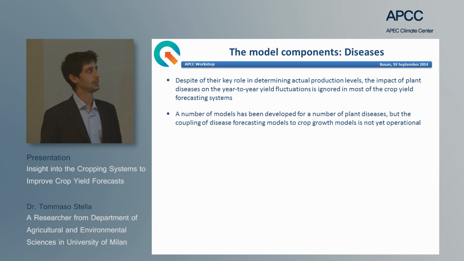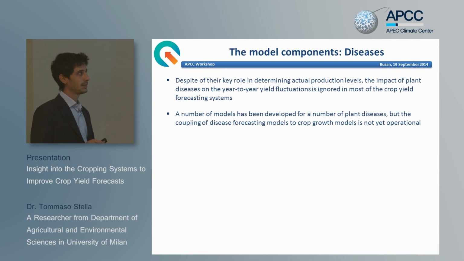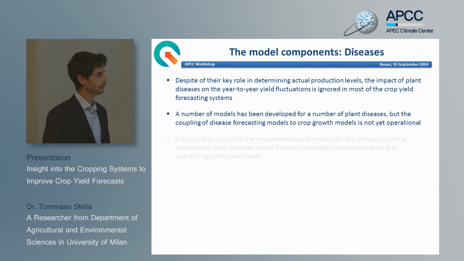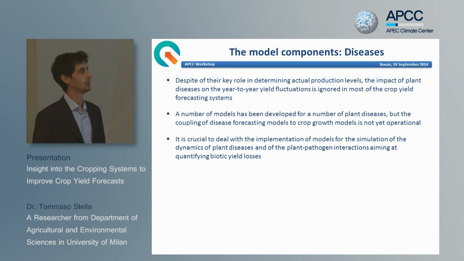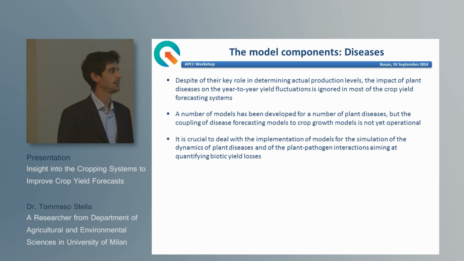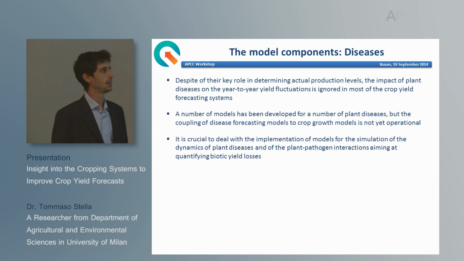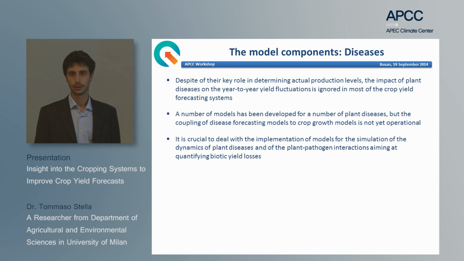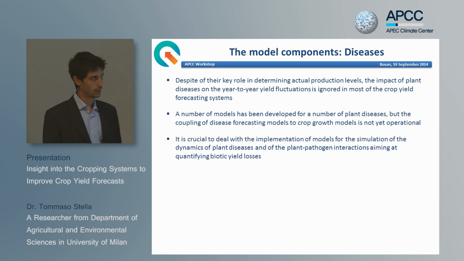A number of models has been developed for a number of plant diseases, but the coupling of disease forecasting models to crop growth model is not yet operational. And it is crucial to deal with the implementation of models for the simulation of the dynamics of plant diseases and for plant pathogen interaction, aiming at quantifying biotic yield losses.